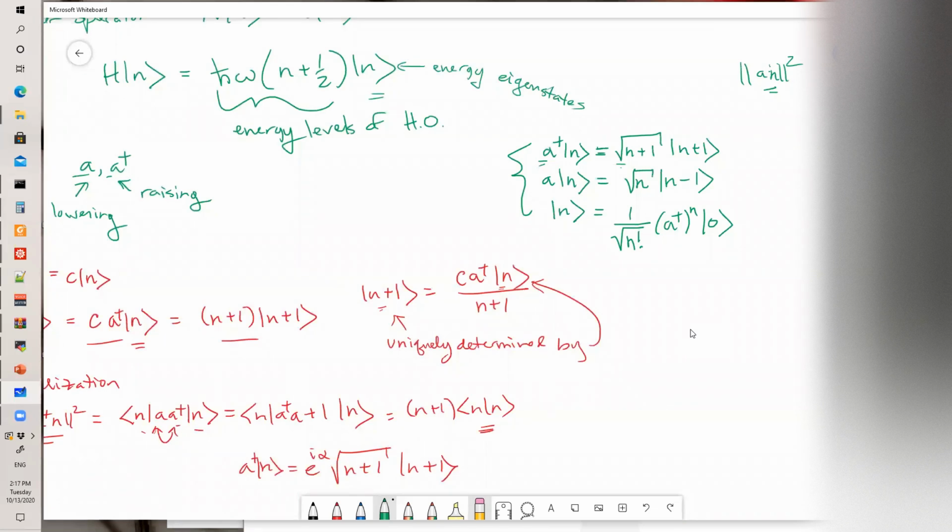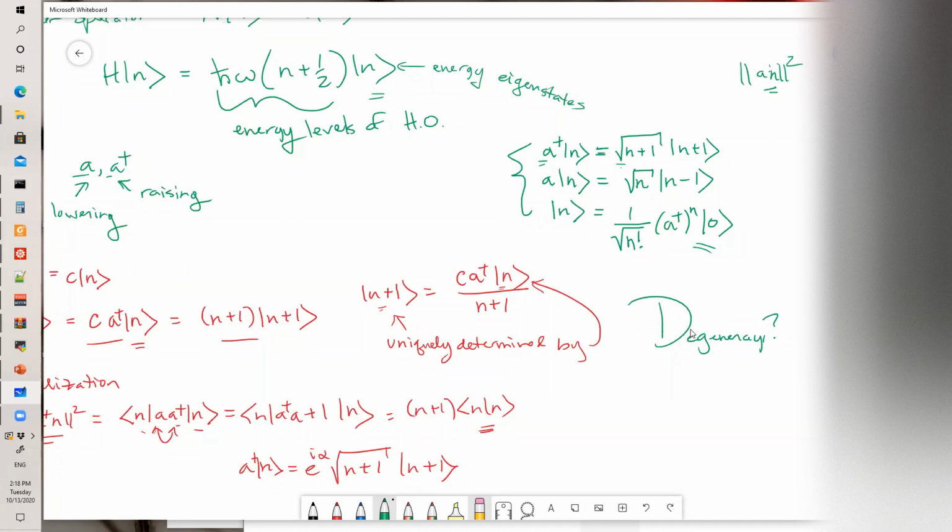The only other thing left to discuss is what about the degeneracy? As I argued, since A dagger uniquely connects all the states to the ground state, you just have to prove that the ground state is non-degenerate.